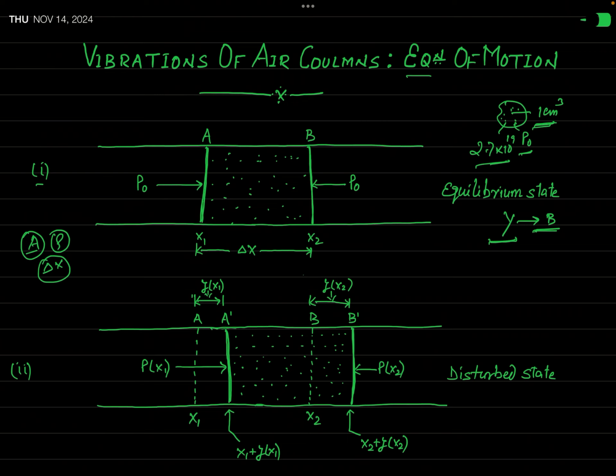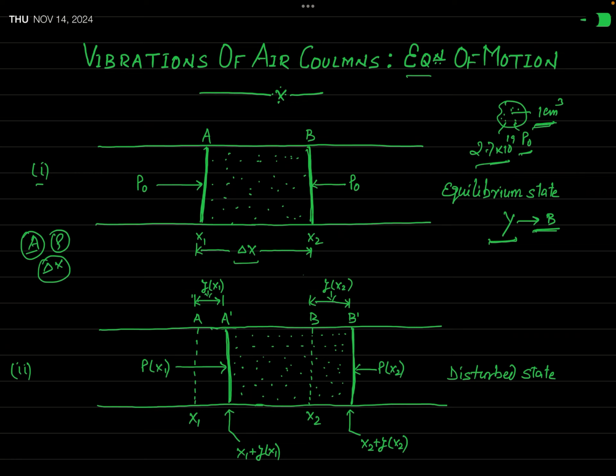I have shown one element or slice lying between section A and section B. So AB is such an element, and delta x represents its length.